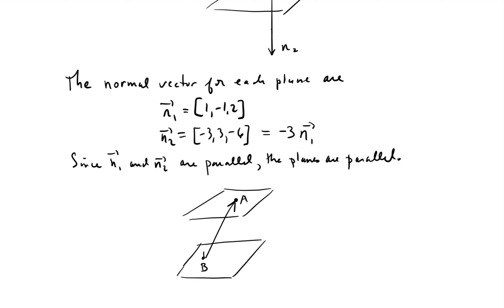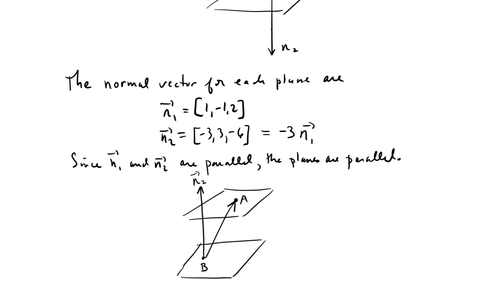We're going to take the vector n that's perpendicular to both planes. So n could be n1 or n2. Technically this is n2 in the sense that it's the one we can easily obtain by looking at the second plane.